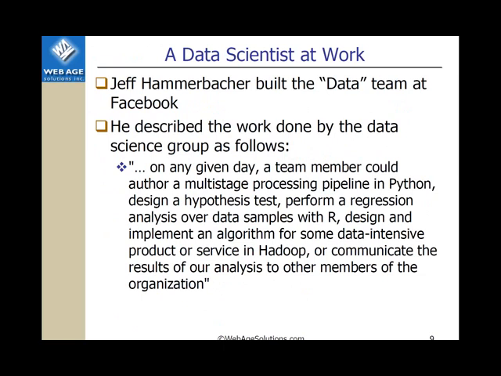They worked in Python, they did some statistical experimentation, worked with R, Hadoop, and they already had Hive at this point, I believe. I'm going to talk about Hive and R and Python just shortly. But generally, I'm going to repeat this theme again.